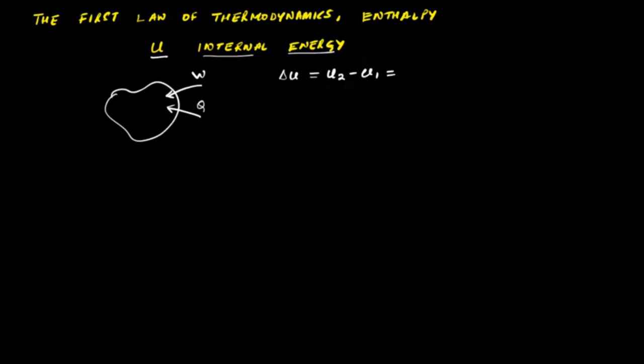So what we've seen in the previous lecture is that the first law for a closed system states that if you have a closed system on which you do work and there is transfer of heat to the system from the surroundings, then there is a state property which we call the internal energy, which changes upon doing work and transferring heat to the system in a way that if you take the system from state 1 to state 2, then the change in internal energy of this closed system is equal to the energy transferred to the system in terms of work and heat.